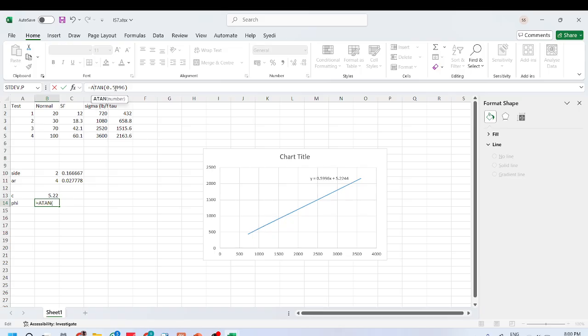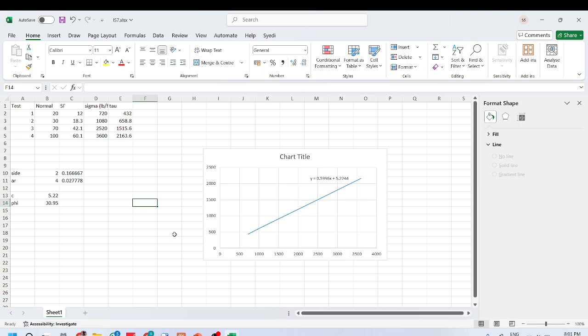I want this in degrees. So it is about 30.9 or 31 degrees. So these will be our C and phi values.